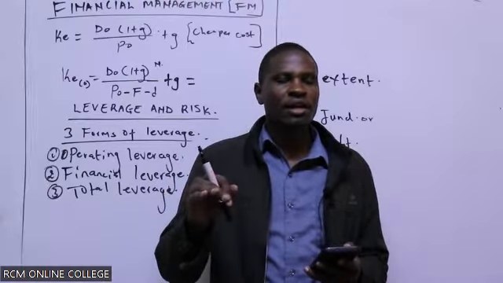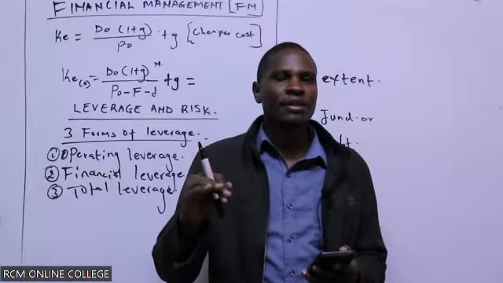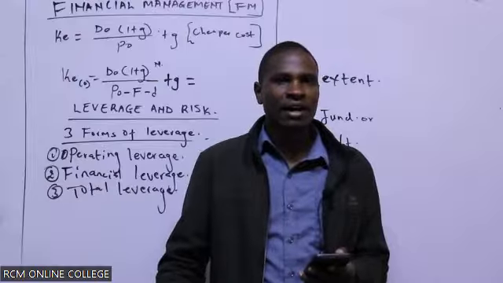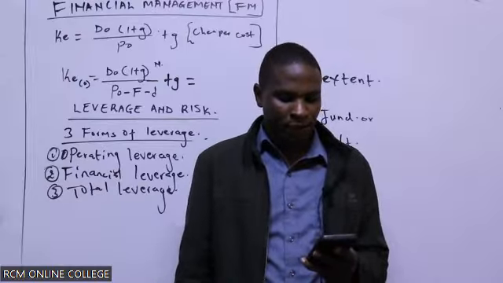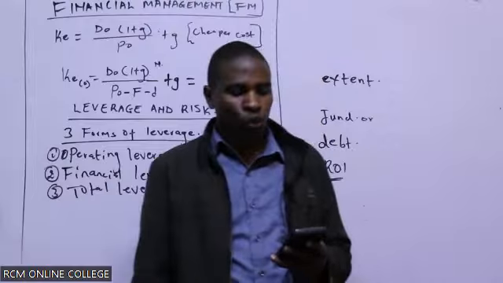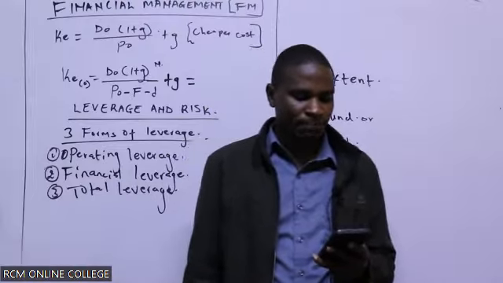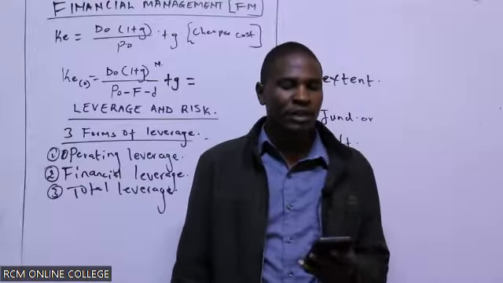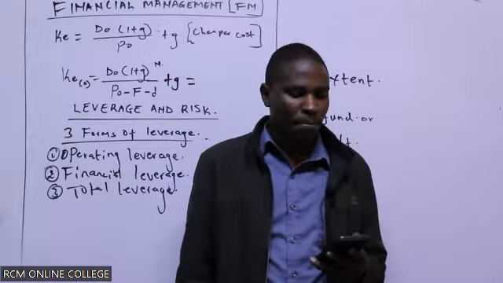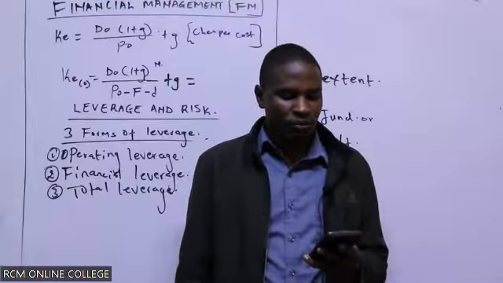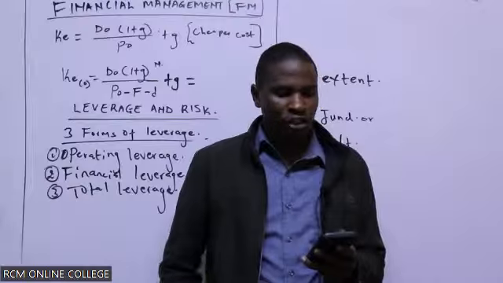So we say that a higher operating leverage means that the company has a higher proportion of fixed cost, which results in a greater impact on profitability from changes in sales volume.